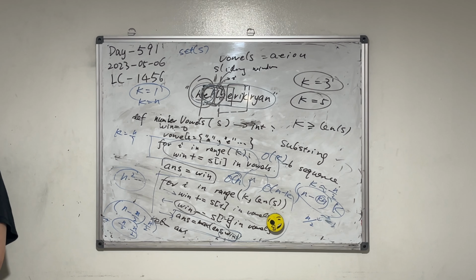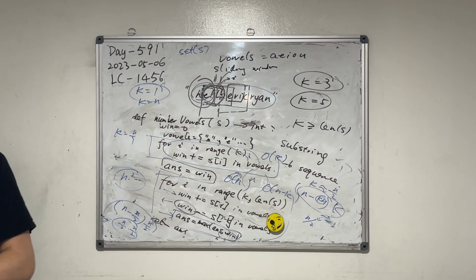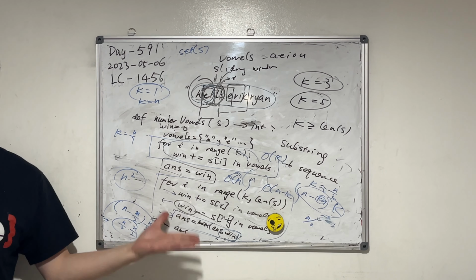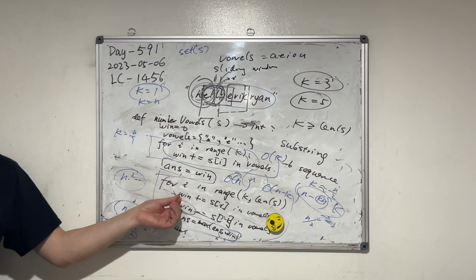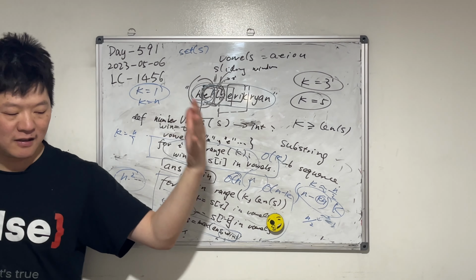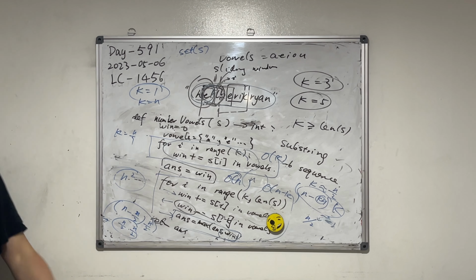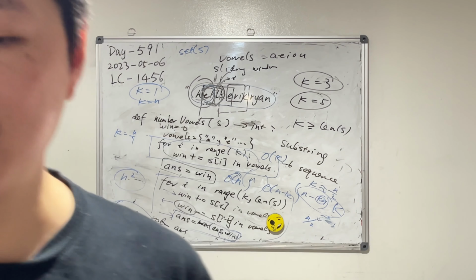The first one is brute force. We check each substring of size K, and then we count how many vowels are in each substring. But we don't need to count each time because we can use a sliding window to update the number of vowels in the current window. We take the new character, we drop the leftmost character, okay? That's it for today. Bye-bye.